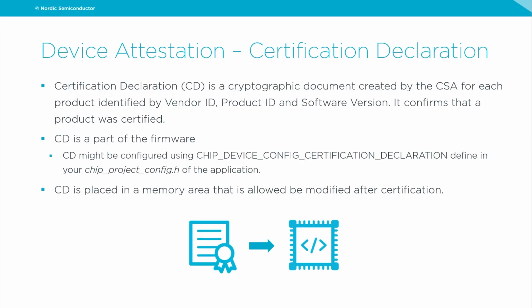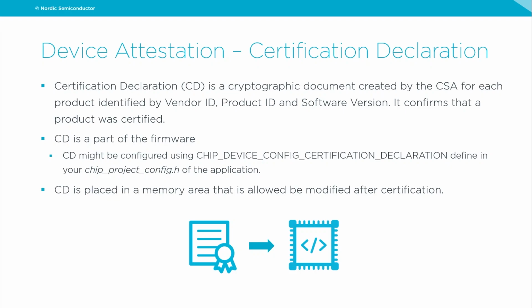Verifying the PKI certificate chain ensures that the device is a legitimate Matter device from the given manufacturer. However, it does not provide any information about the certification status of the device. Matter certification guarantees that after joining the network, the device will function according to the Matter specification and will interoperate with other Matter devices on the network.